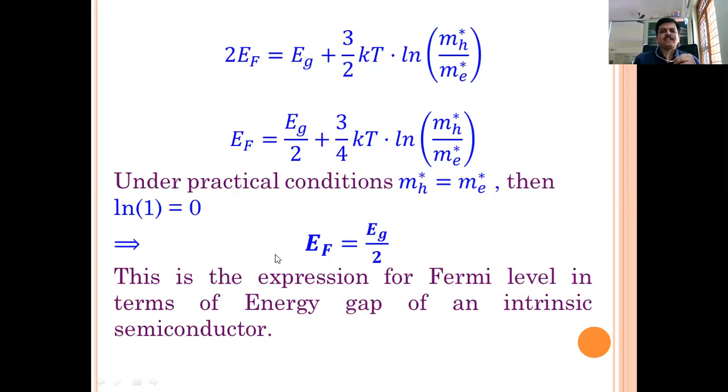This is an expression for the Fermi level in terms of the energy gap of an intrinsic semiconductor, where Ef is the Fermi level and Eg is the energy gap. So kindly remember this relation, which is helpful for calculating the Fermi level of an intrinsic semiconductor if I know its energy gap.